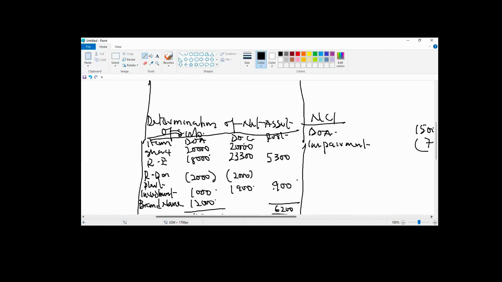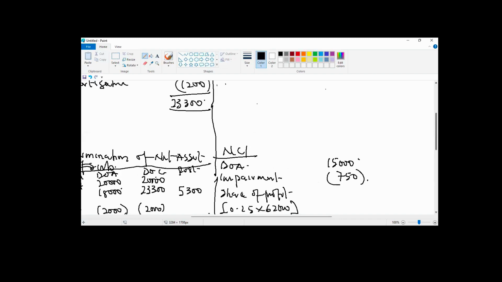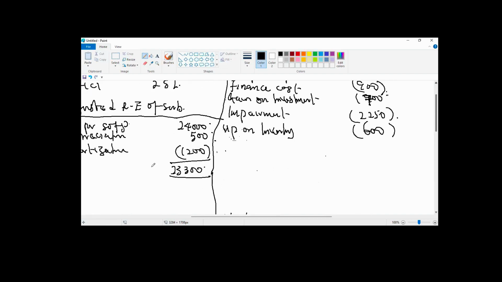Share profit. 0.25 times 6-2. The parent will collect the remaining. 1,550. Okay.